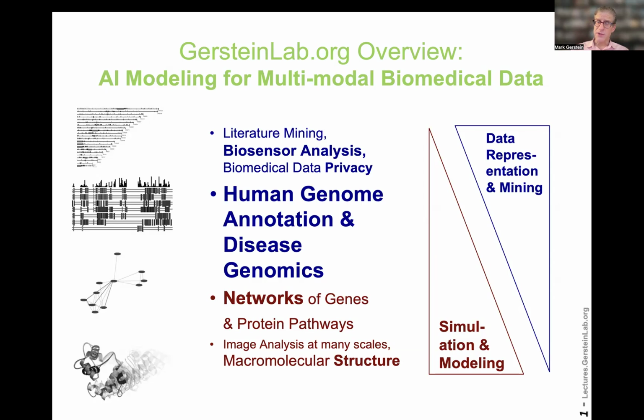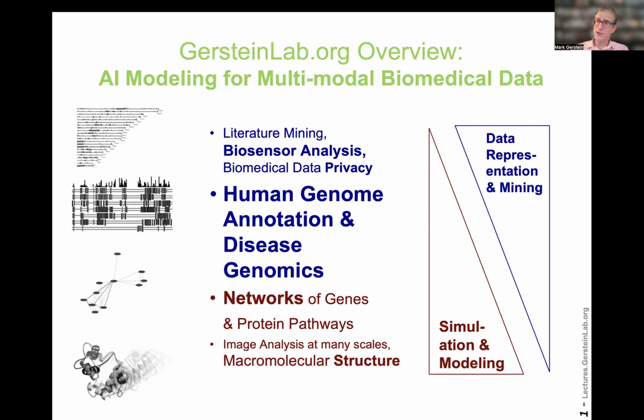And one of the key ways we interpret the genome is through creating networks of genes and pathways for proteins. And we do a lot of network analysis. Finally, we drill into the molecules in a little more detail, often looking at their macromolecular structures in detail. We also look at pictures of molecules and pictures of other biomedical entities at many different scales.